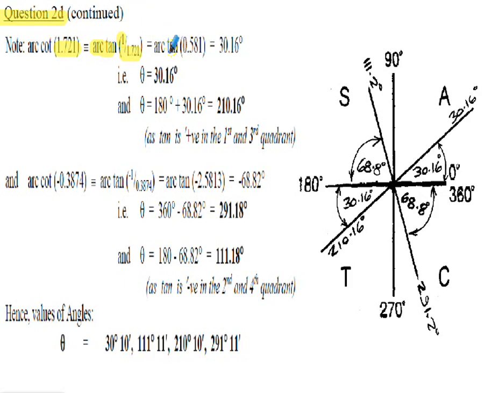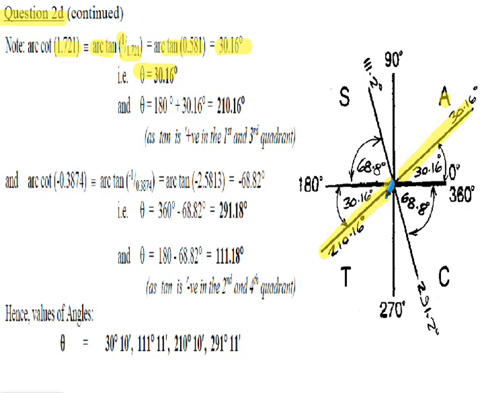Typing on my calculator, the arc tan of 0.581, which is a decimal, gives us 30.16 degrees. So that's the solution for theta, because in the first quadrant all functions are positive, so 30.16 is a valid solution. And don't forget, we're talking about a tan function now, so the tan function is also positive in the third quadrant.